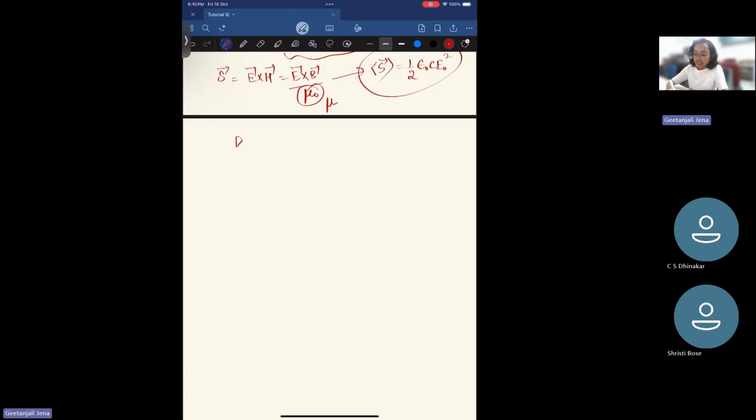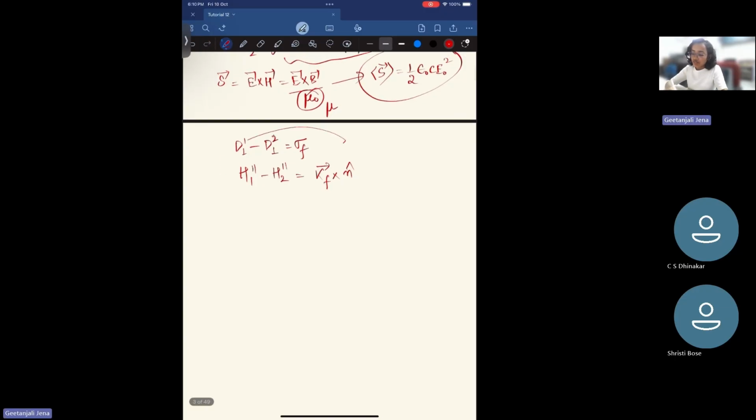The perpendicular component of D is discontinuous, and the discontinuity is given by the surface charge. The parallel component of the magnetic field is also discontinuous, and it is given by K cross n.